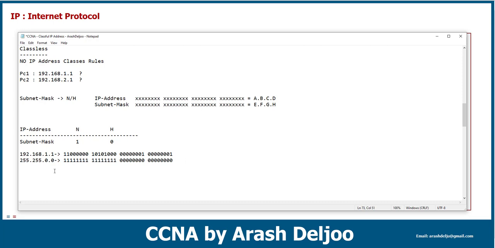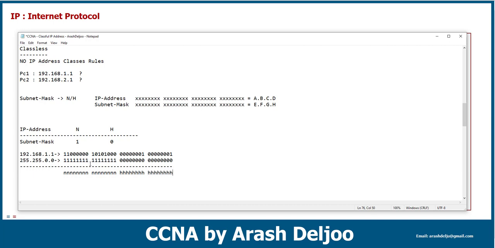This means that with this subnet mask, we are saying that the first 8 bits and also the next 8 bits of the IP address are the network bits. After that, all other bits are the host bits.